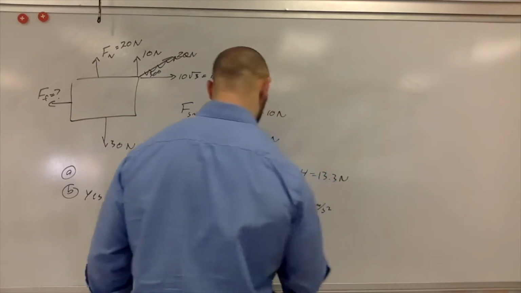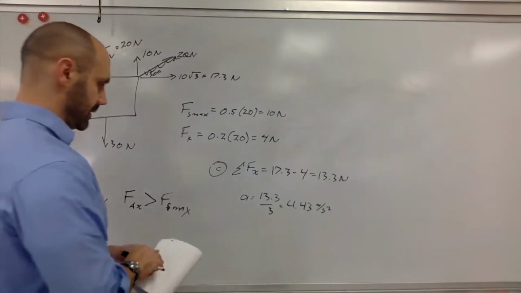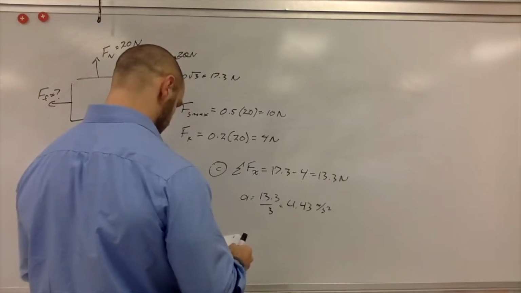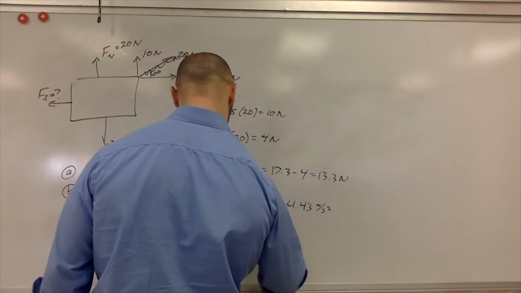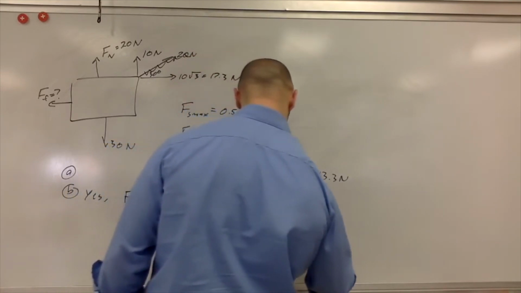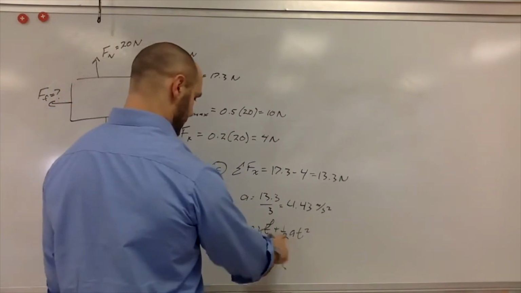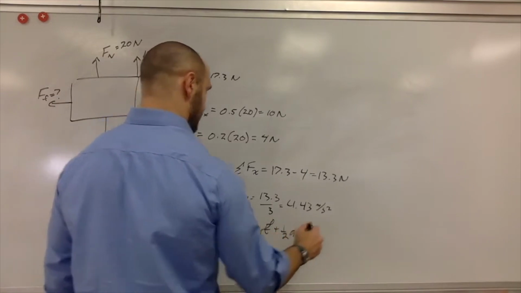Since I know the acceleration, now I can calculate the time it takes, assuming it starts from rest. It says from rest, right? So delta x equals v_i t plus 1/2 a t squared. This is 0, because v_i is 0. I know the acceleration, I know delta x is going to be 10 meters, and so I'm just solving for time.